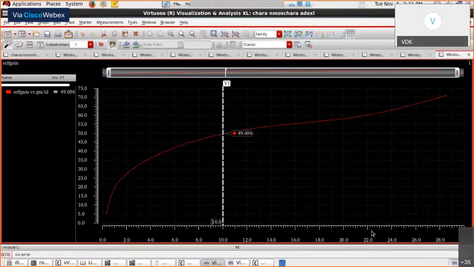Next, we need to look at what typical bandwidth might be achievable. Right now, a bandwidth specification is not given in this design spec. We just like to maximize the bandwidth while achieving the required specified gain.